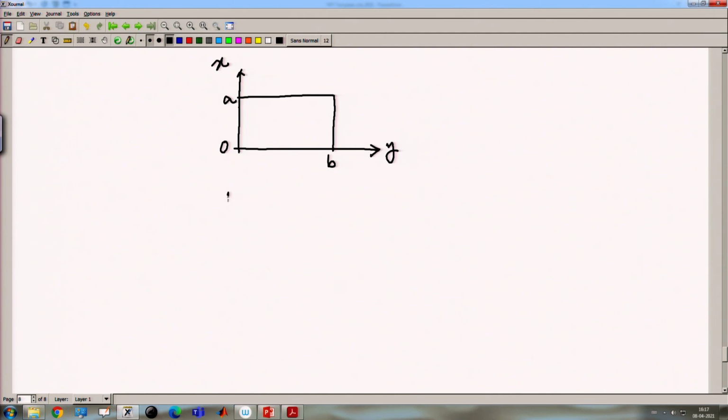That means, E z must be equal to 0 at x equal to 0, x equal to a, y equal to 0 and y equal to b.